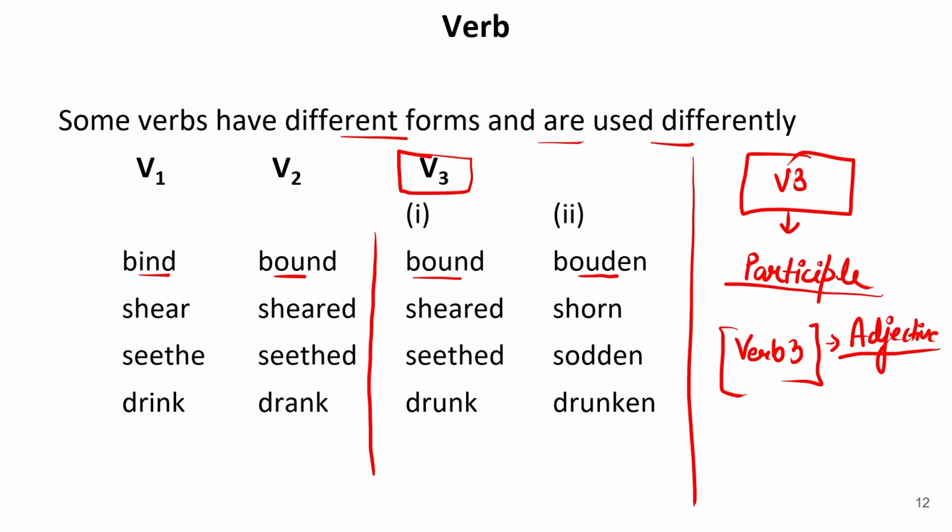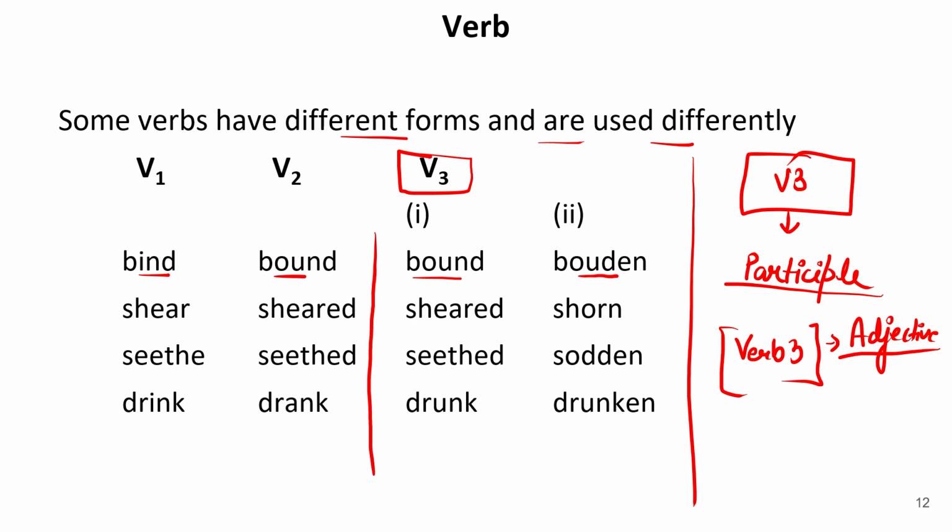Now, if I say written document, document is a noun and it is written. But we have heard this word in the form of verb, that I have written the letter. So, written is a verb, third form. But here, when I say written document, this word written is behaving like an adjective.